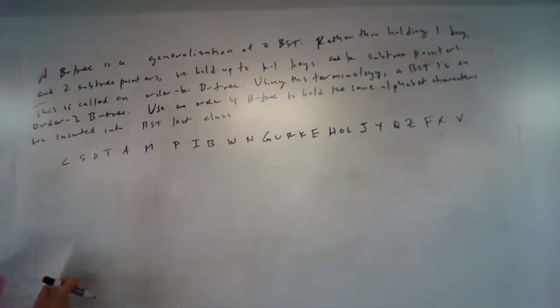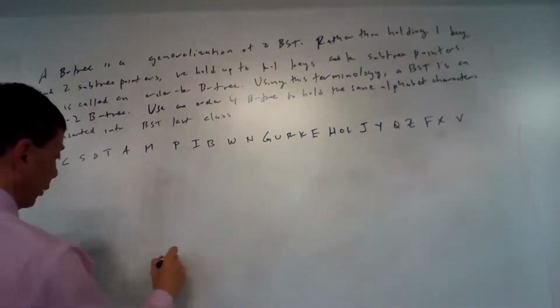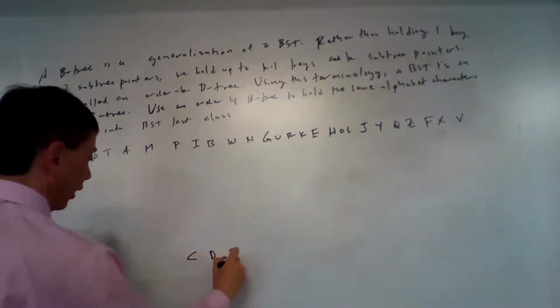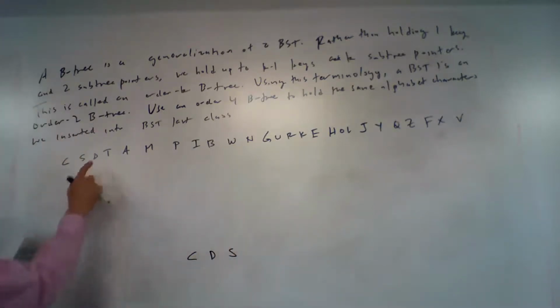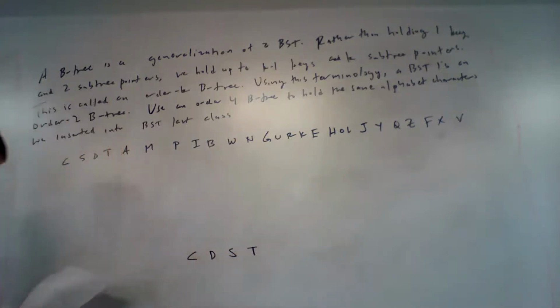So we would start off by inserting, I might have to move things around, but I'm going to start here. C, D, S. Those are the first values, right? In order, and then we insert T. Okay. And we have to promote now the median value up as a new root.